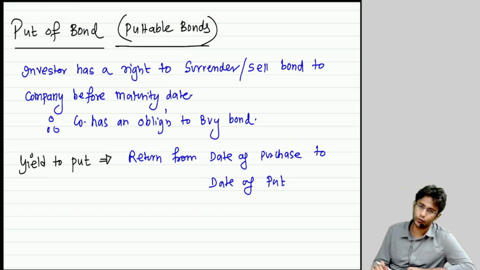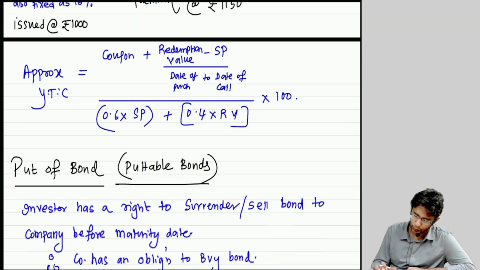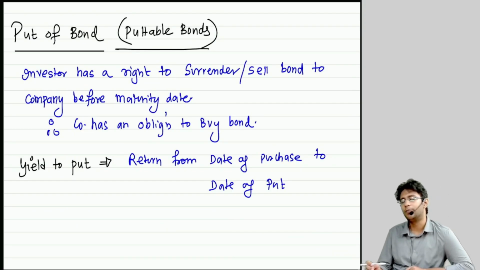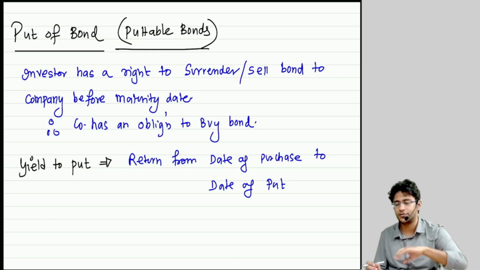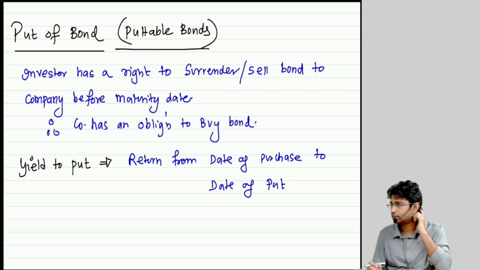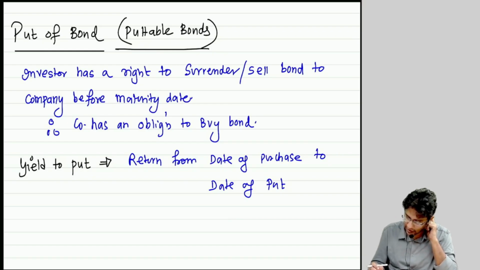The callable bonds and the puttable bonds are on the first page of our concept book, with an introduction. If you want, you can check it now. Callable bonds means the company reserves the right to cancel the bonds. Puttable bonds, the investor has a right to cancel the bonds. Whoever cancels it, ultimately the company has to buy back the bonds.